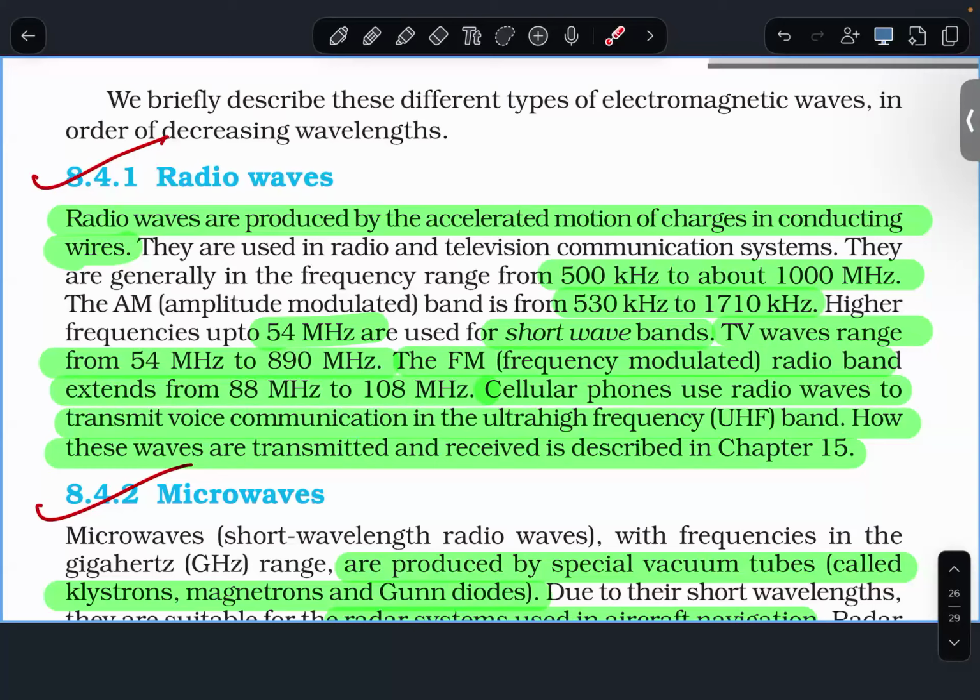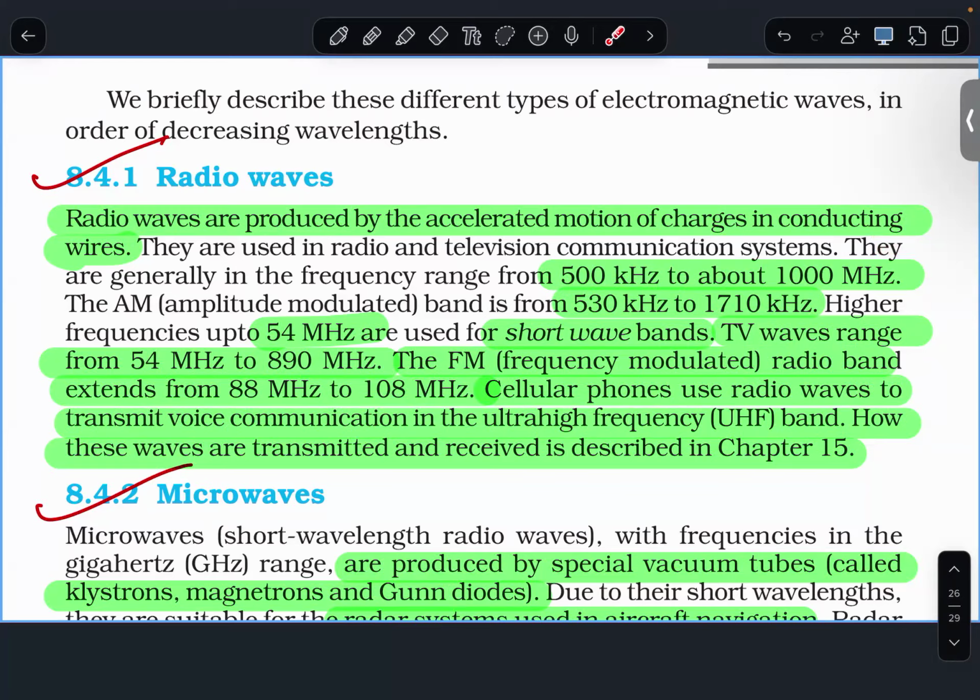Radio waves are basically used for communication purposes, radio and television communication. The range of their frequencies is on the order of 500 kilohertz to about 1000 megahertz. AM stations to FM stations.